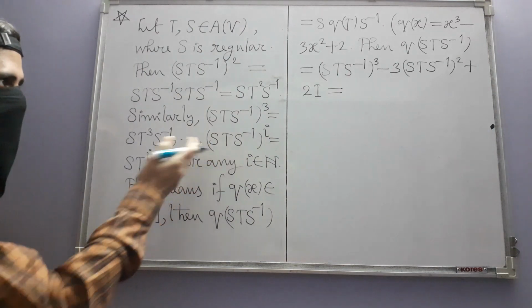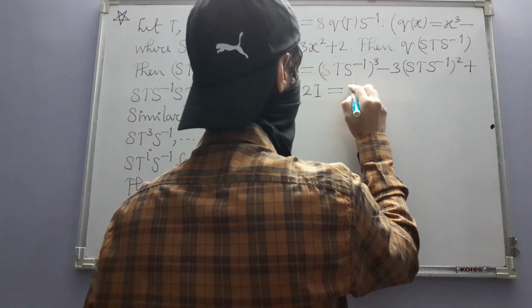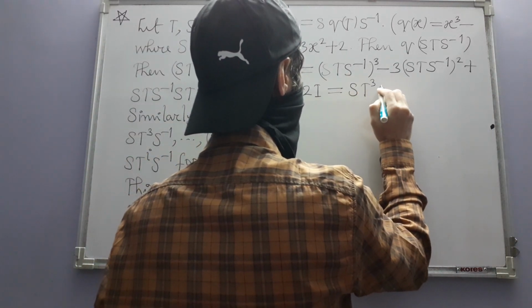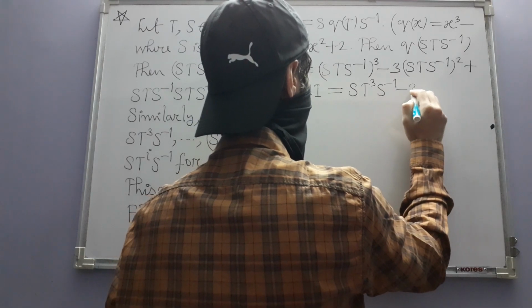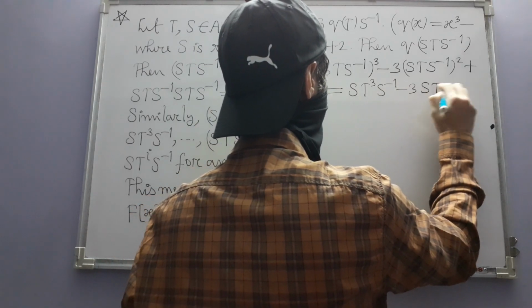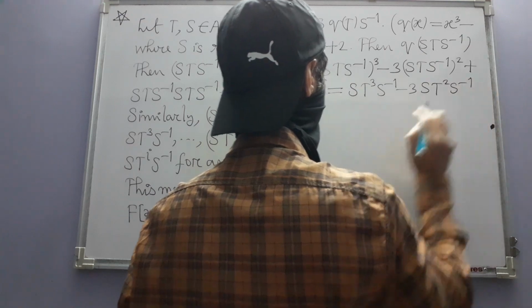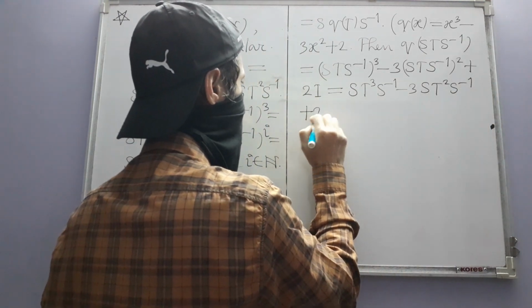Now, using these relations, we see that this is ST cube S inverse minus 3 ST square S inverse plus 2I.